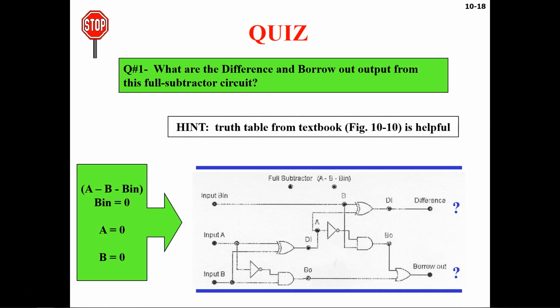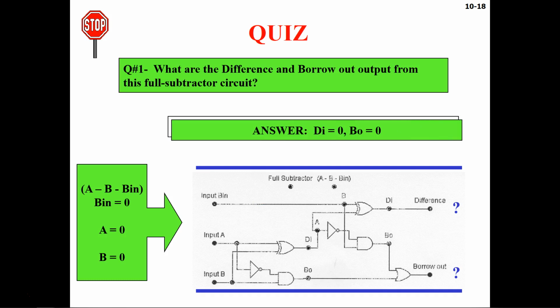So the truth table from the textbook is very helpful to detect this. If you get confused, you can refer to the truth table in the book, but this is not too difficult to understand: if you subtract all these, you'll get the difference 0 and borrow 0.